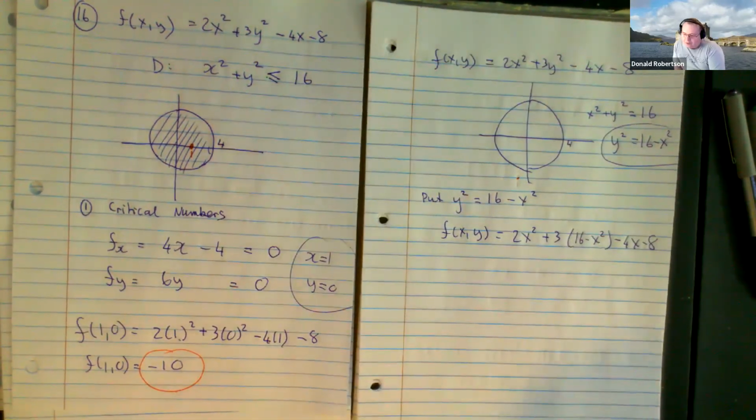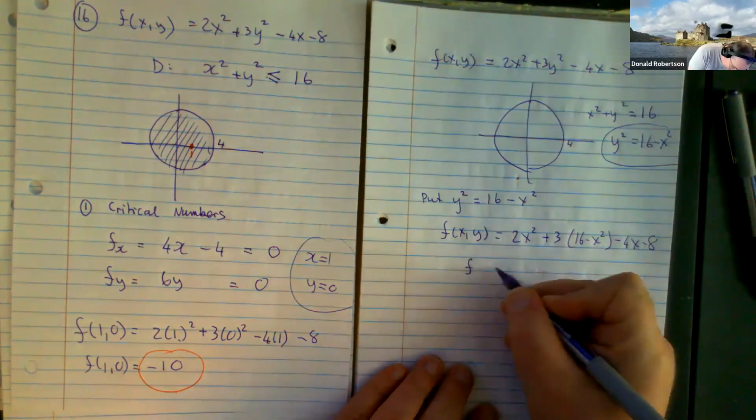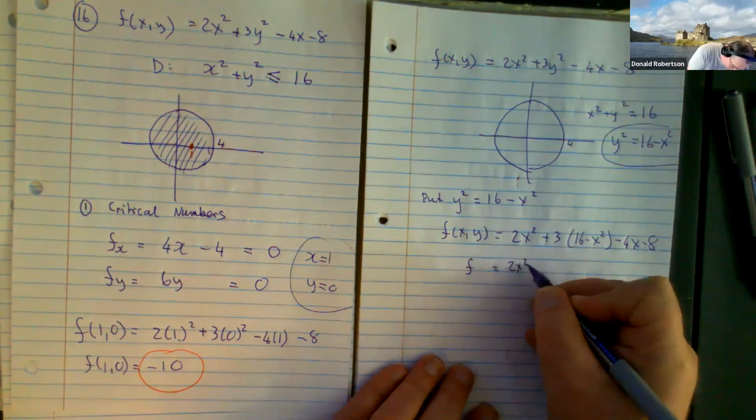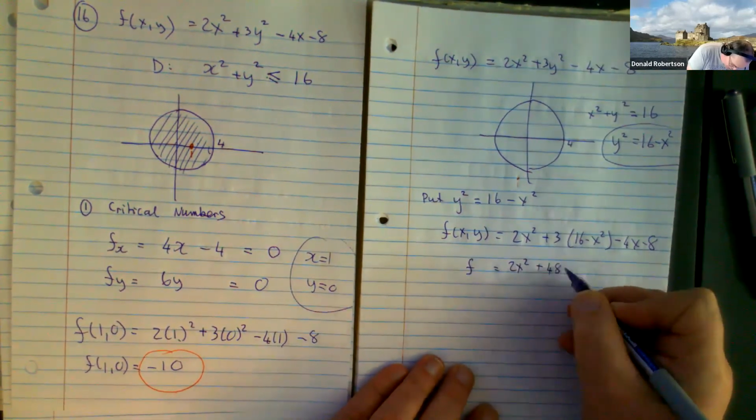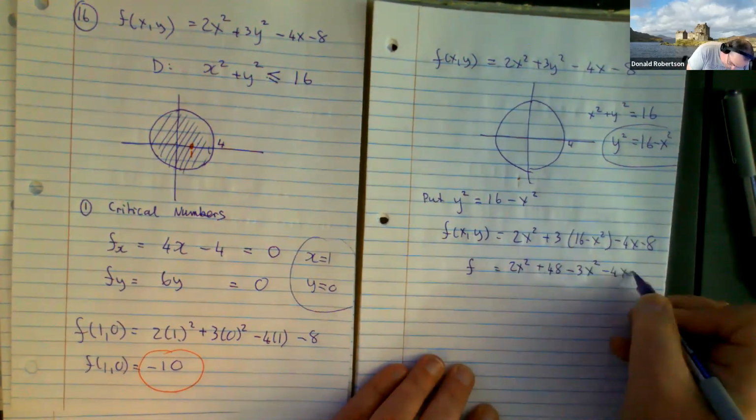Do you see what I've now generated is just basically a quadratic equation? So let's see what that looks like. It's 2x squared plus 48, take away 3x squared, take away 4x, take away 8.